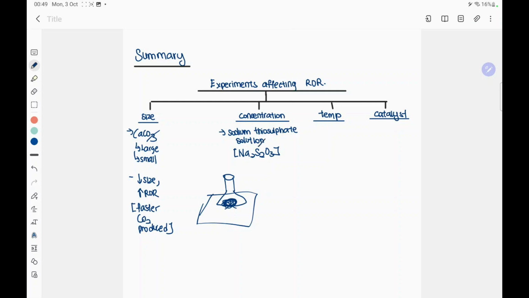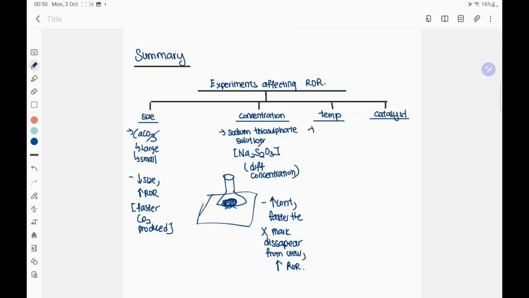Because we're using this solution, of course we are using different concentrations of it by diluting it with different volumes of water. From the experiment, the higher the concentration, the faster the X mark disappears from view, the higher the rate of reaction.